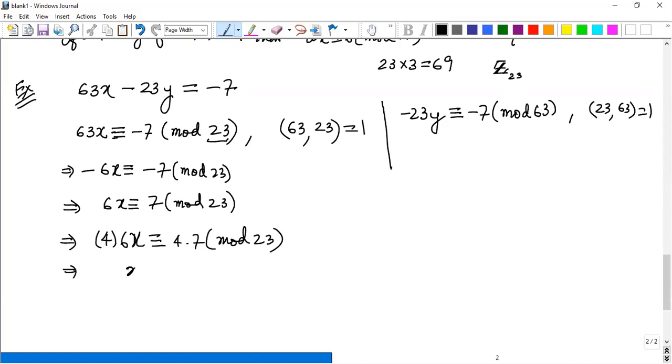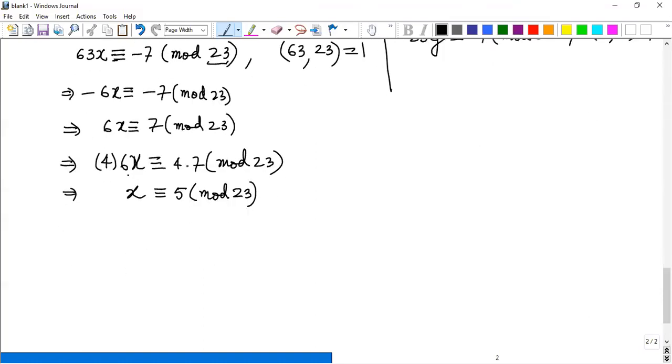So we can write simply x is congruent to 4 times 7 is 28, and 28 is 5 modulo 23, and that's the solution.